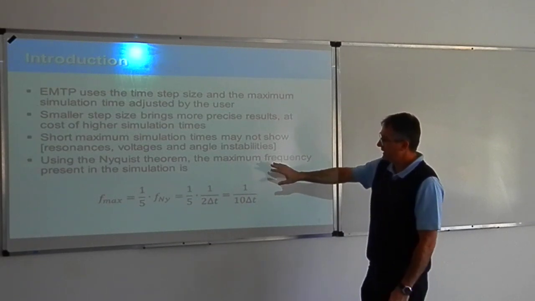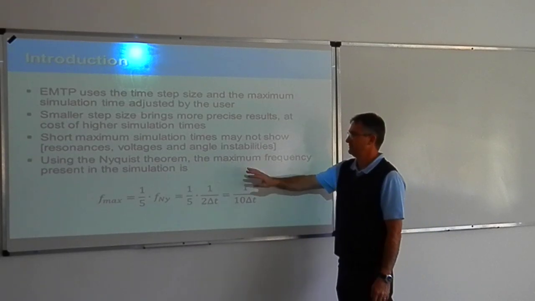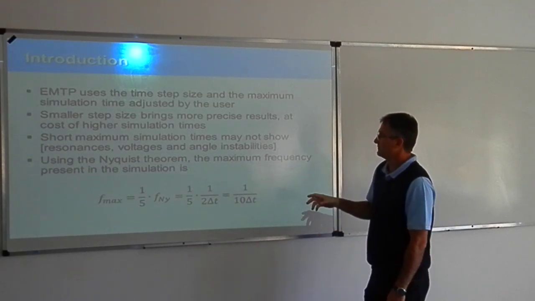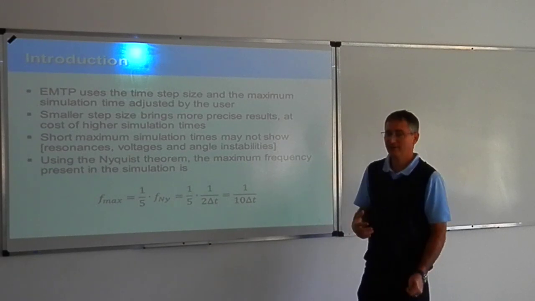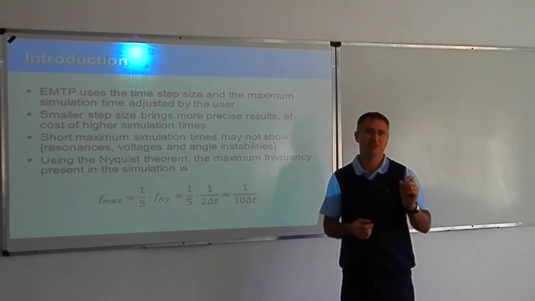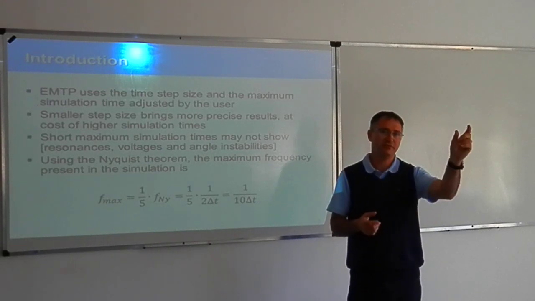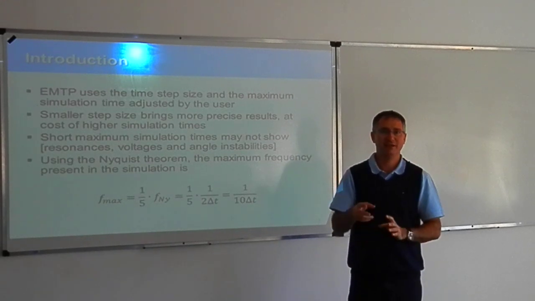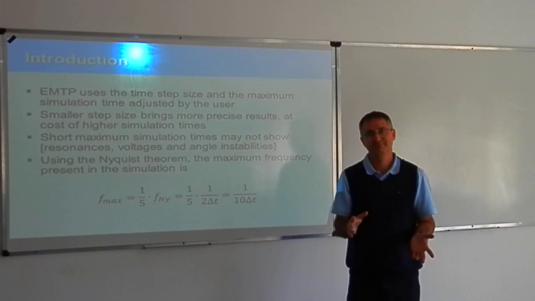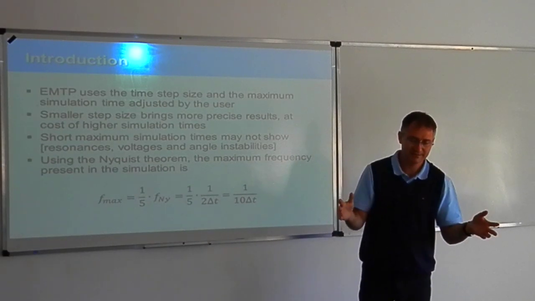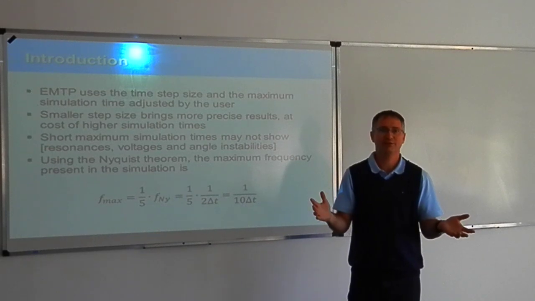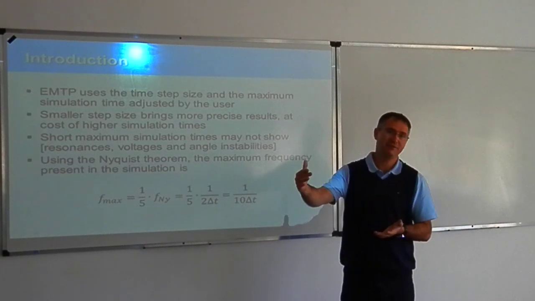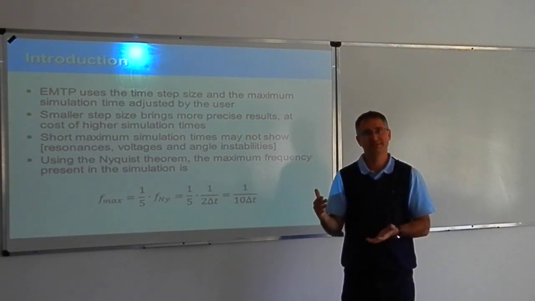So the Nyquist theorem states that the maximum frequency you can see in a signal sampled with a sampling frequency Fs is Fs over 2. So if you sample a signal at 1000 hertz, 1 kilohertz, you can only see phenomena up to 500 hertz.